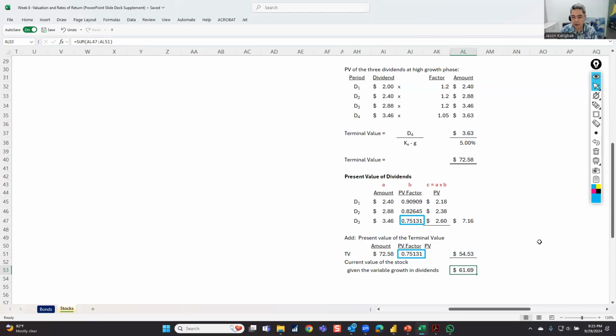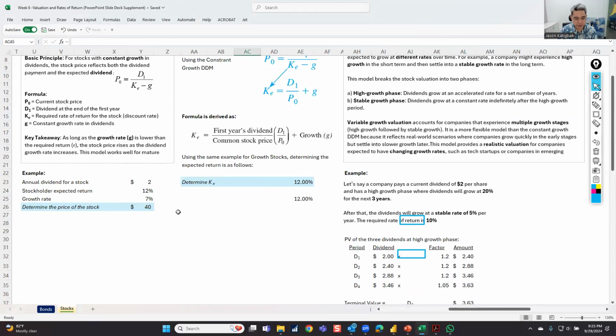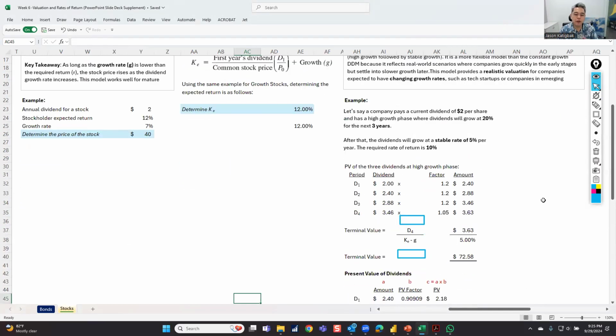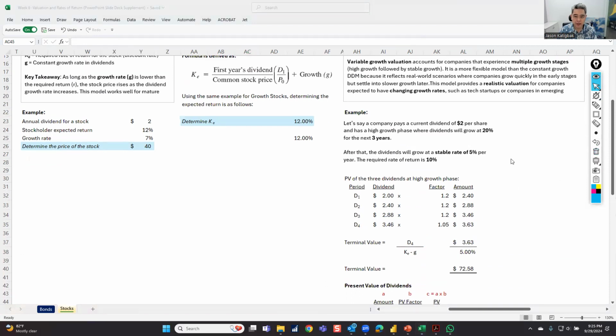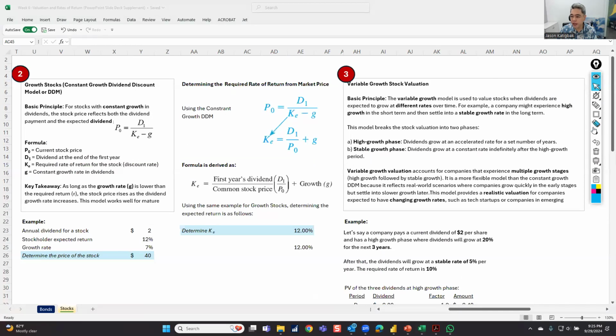A bit longer compared to this calculation, or using this formula, because your dividend is not constant. So what's the name of the game? We need to have two phases of calculation of dividends: the high growth and the stable growth.